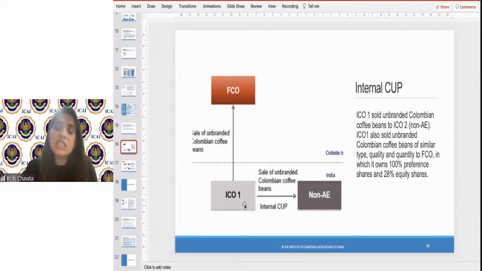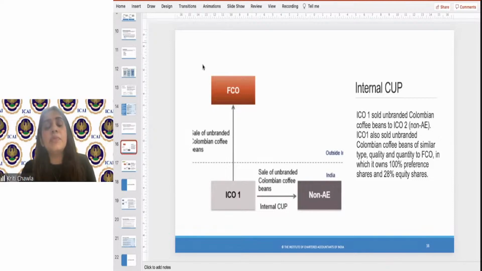We also see that this particular I company is selling the same unbranded Colombian coffee beans to F company, and F company is related. So I company is related to F company by virtue of 28% equity share capital, which is obviously greater than 26% share capital. So I company and F company are related to each other.